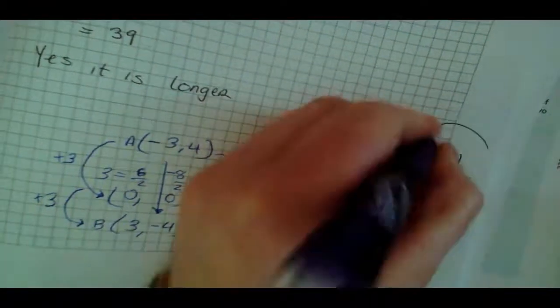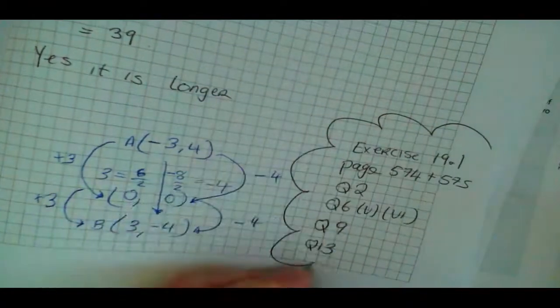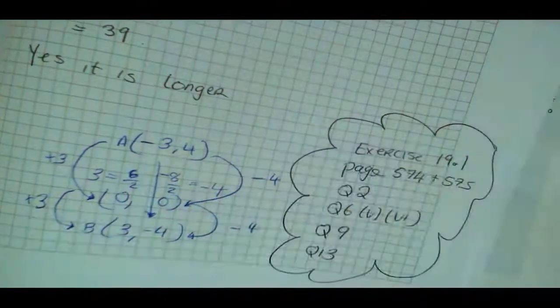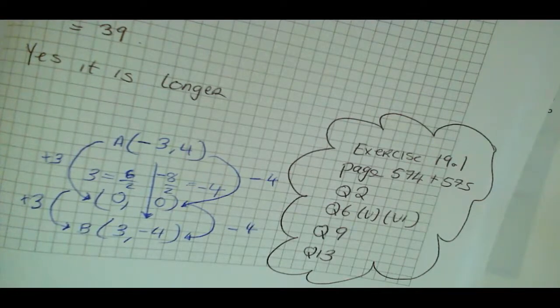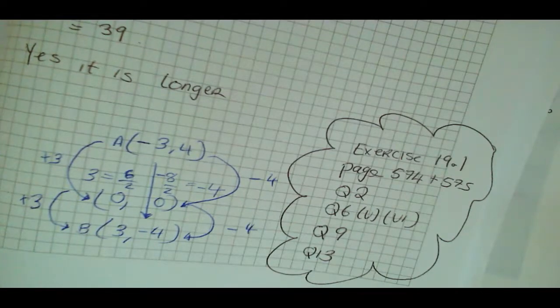So make sure you submit all the work there, okay? So there's an assignment online for you to upload your work to. So exercise 19.1, page 574 and 575, question 2, 6, just part 5 and 6, question 9 and question 13.